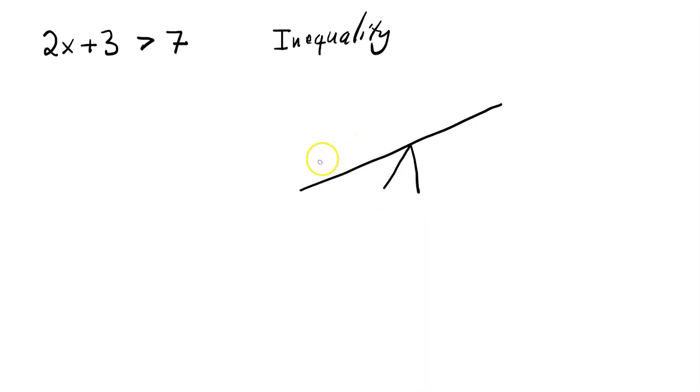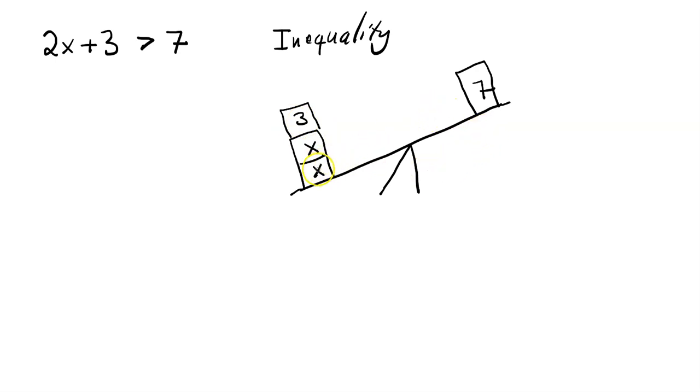On the one side we put two identical unknown weights, and then a weight of 3 kilograms. On the other side we put this weight of 7. Now we know that the left-hand side is heavier. So you should have this situation.